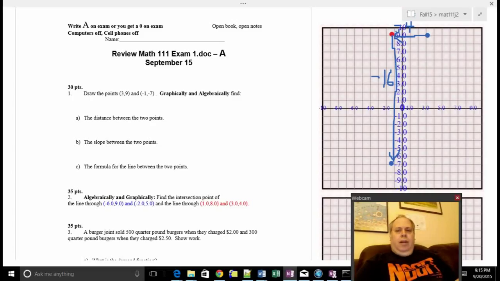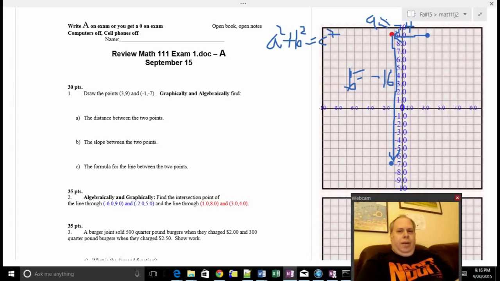So now we're going to use the Pythagorean theorem. So that will be A, and this will be B, and the Pythagorean theorem tells us that A squared plus B squared equals C squared. C is the distance.